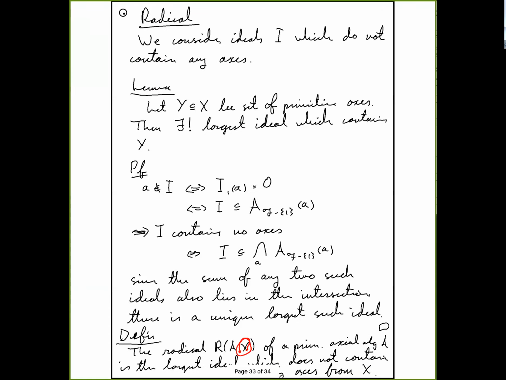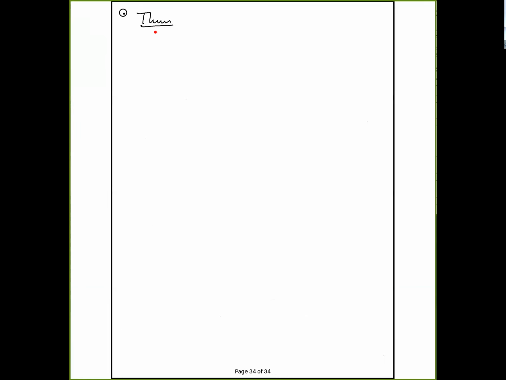My definition here seems to, again, rely on a specific set of axes, and I don't want this to be the case. So my theorem here is going to be: the radical is stable.